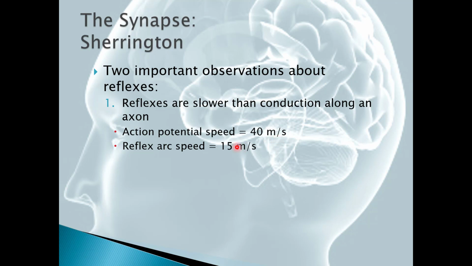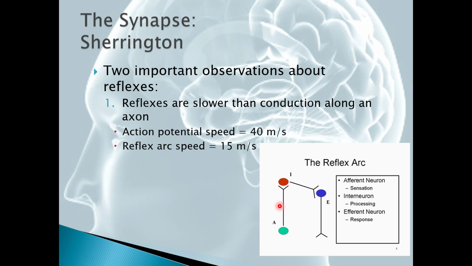However, the reflex arc speed from pinching the paw to pulling that leg back was 15 meters per second. So he said something was going on that wasn't just the action potential hopping from the end of that sensory neuron's axon terminals to the interneuron, and then again that interneuron axon terminals to the motor neuron. Something was slowing it down.